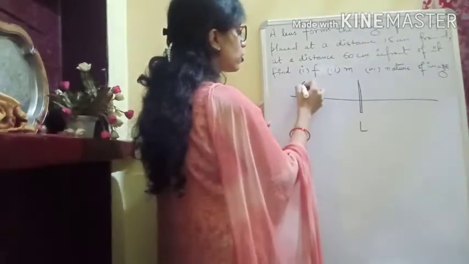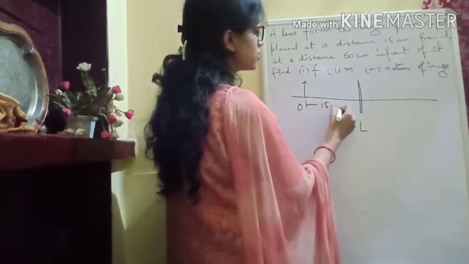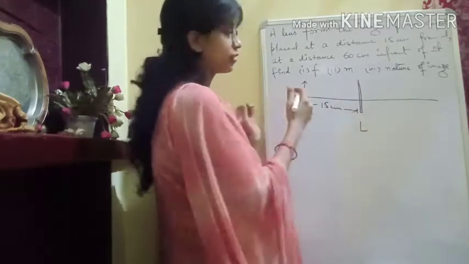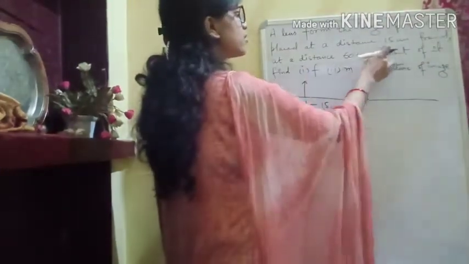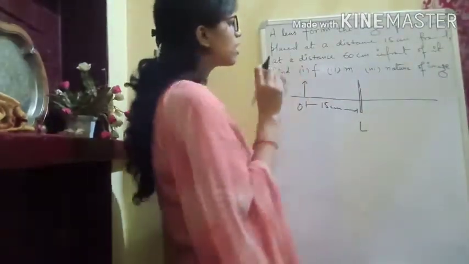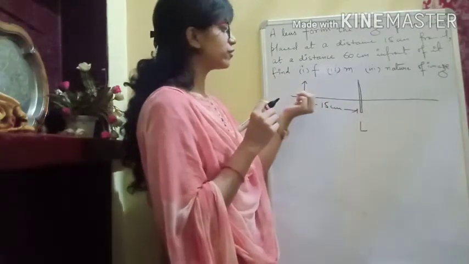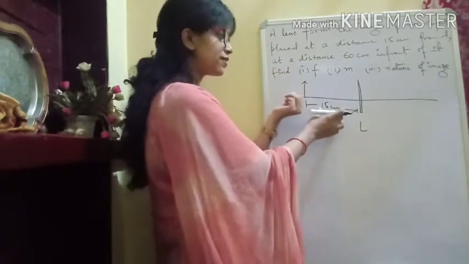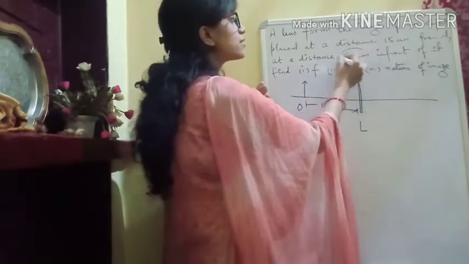Somewhere here an object is placed at a distance of 15 centimeter in front of it. Now there is another statement that the lens forms the image at a distance 60 centimeter in front of it.